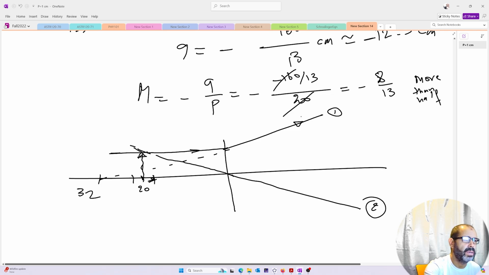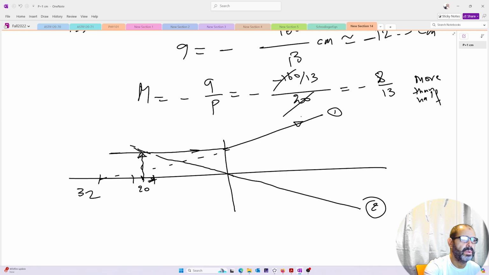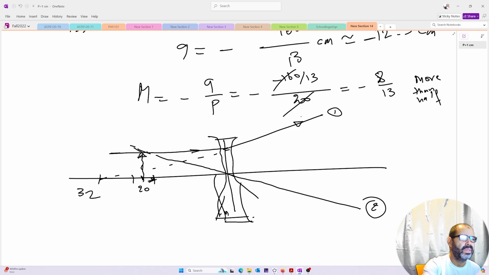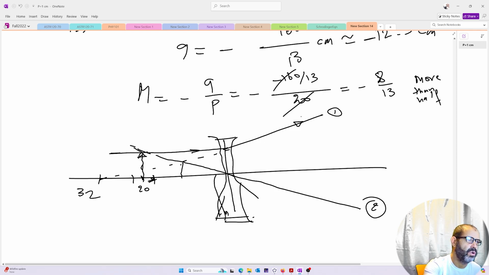It has an incoming angle of 0 degrees. And remember, this is a lens, it looks like this, a diverging lens. So it's going to go through an index of refraction. So n sine 0 is equal to 1 times sine 0, so it's going to be 0. So this one will go unimpeded, the other one. So this is where the image is formed, on this side of the lens.